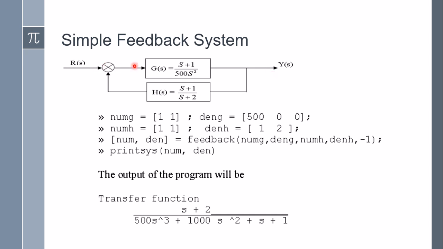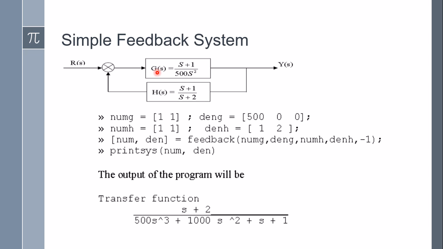So this is a forward path from input to output. If we take H of S, the second system, the input for the second system H of S is derived from the output, and the output of this H of S is given back to the input side. So this is called the feedback network.